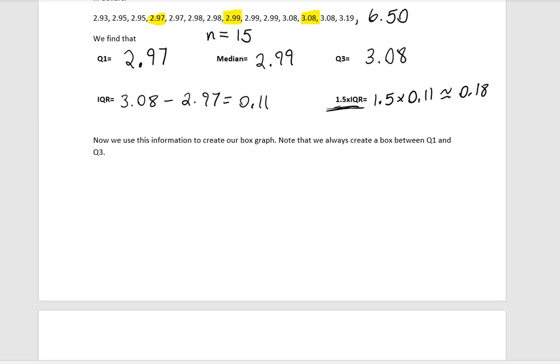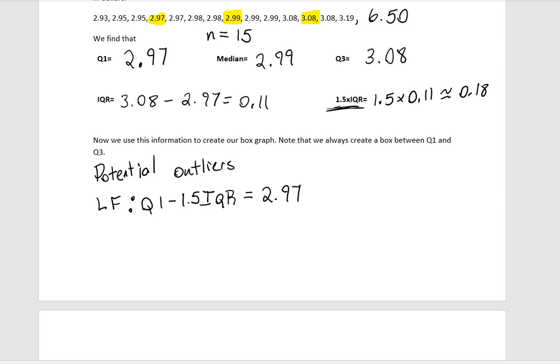Now, we're going to use this information to draw the box plot, but first we need to find potential outliers. First, we need to find our lower fence. Our lower fence is always Q1 minus 1.5 times the IQR, which in our case is going to be 2.97 minus 18 cents, which is going to give us 2.79.